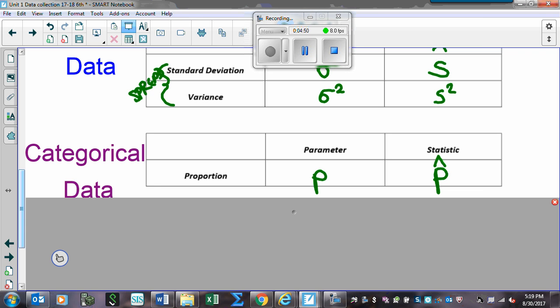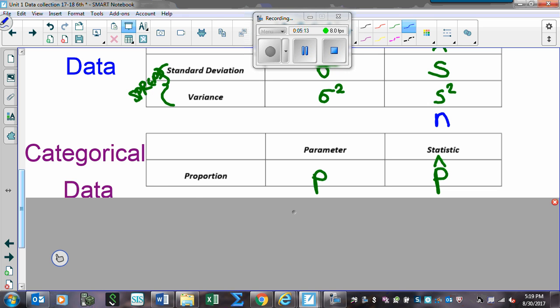So those are our symbols that we're going to use throughout the year. Mu and x bar for means, sigma and s, sigma squared and s squared, for measures of spread, and for proportions, p and p hat. And for all of these, we're always going to be talking about the sample size, which we said was n before.